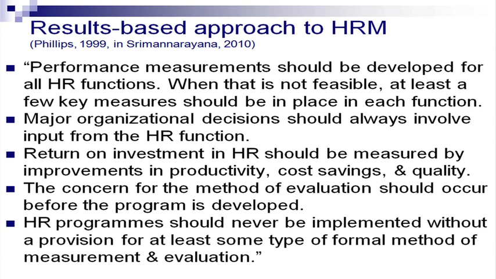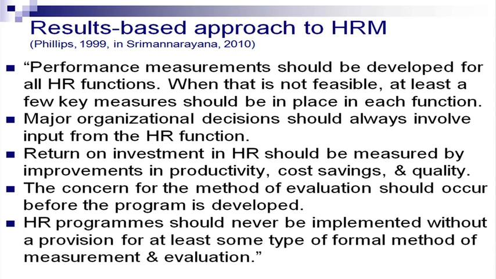Now, Phillips suggests that human resources management should be measured in terms of results, and Phillips has suggested a number of parameters on which to assess the output of human resources activities. The first thing that Phillips says we should assess is the performance measurements.